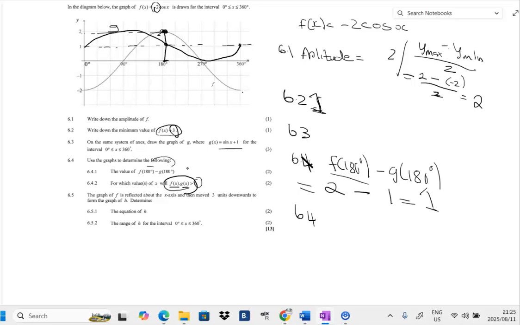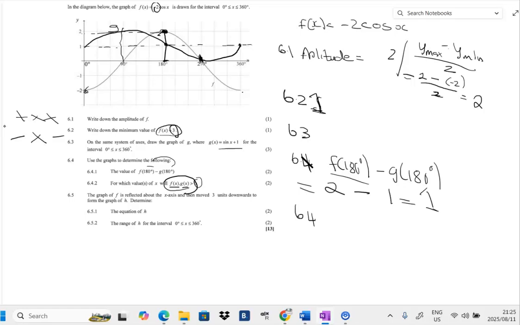So we're looking for where they are both positive or both negative.